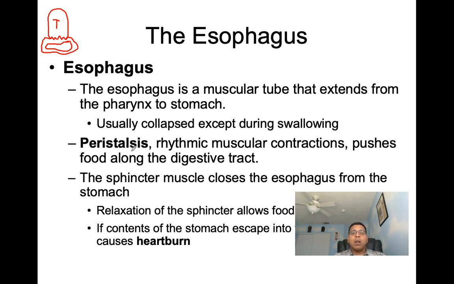These peristaltic waves are going to push food along the digestive tract and help it to keep moving forward. So when we talk peristalsis, peristalsis is going to be an alternating contraction and relaxation of the local muscle. Again, these are movements that are going to help to move food forward along the digestive tract.